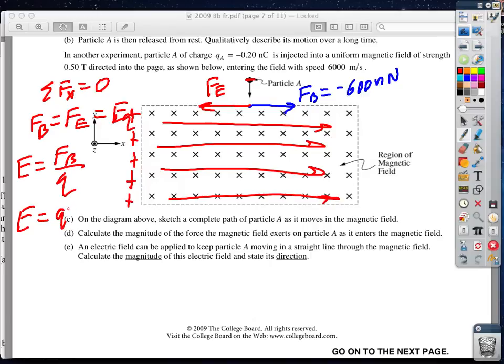What is the equation for force on a charge? Yeah, QVB, right? Put that over Q, and then you just get BV. So that's going to be 3,000 newtons per coulomb directed to the right.